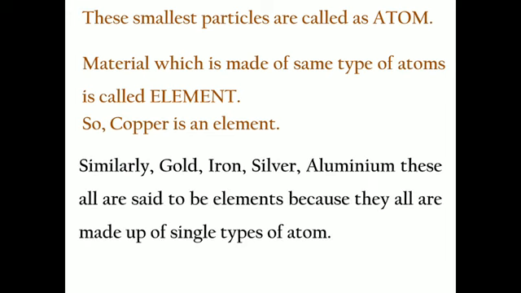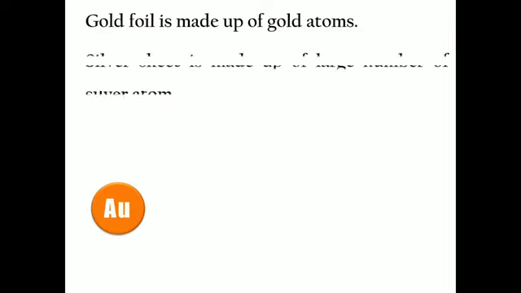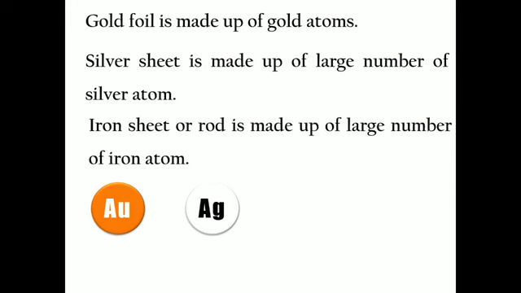Similarly, if you see gold, iron, silver, aluminum, all these are elements, and they are made up of small atoms of their respective element. Gold is made up of gold atoms, iron is made up of iron atoms. As you can see, gold foil is made up of gold atoms, silver of silver atoms, and iron of iron atoms. Now I have used some letters: Au, Ag, Fe.